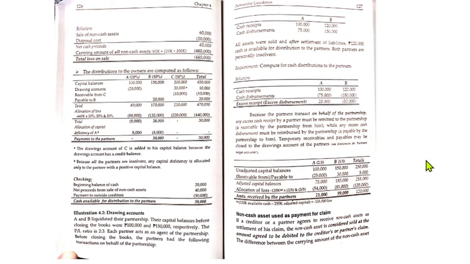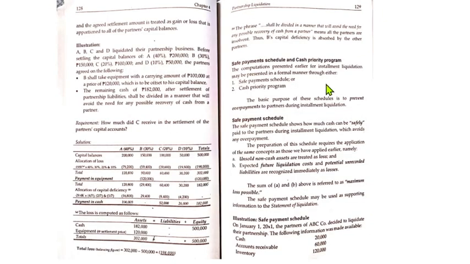Okay, let's proceed. I think this is the last item. The non-cash asset used as payment of claim. So what happens now when yung non-cash asset na ang ipangbabayad doon sa capital kasi baka wala ng cash? So let us look at the illustration.